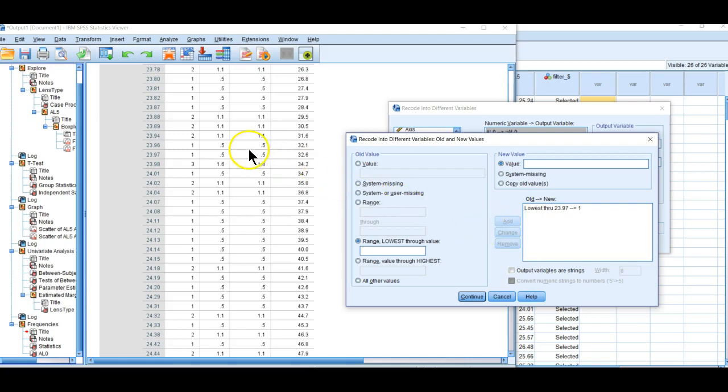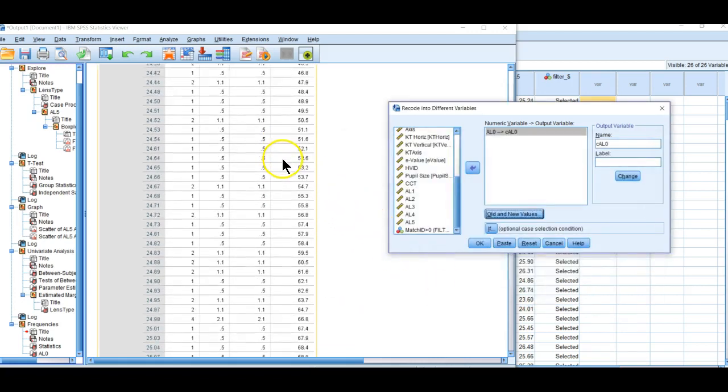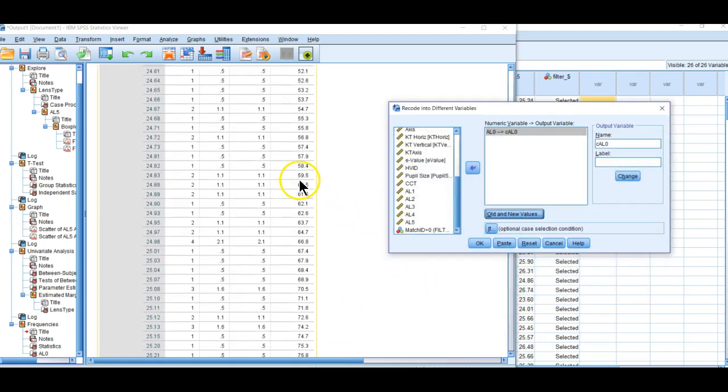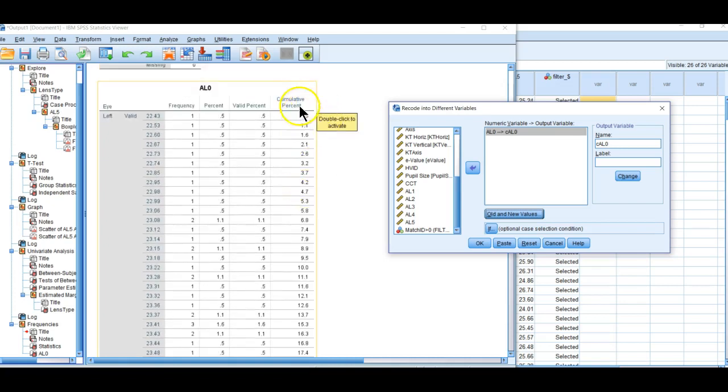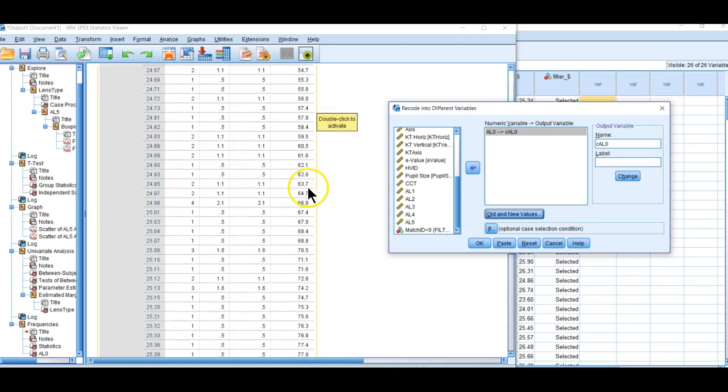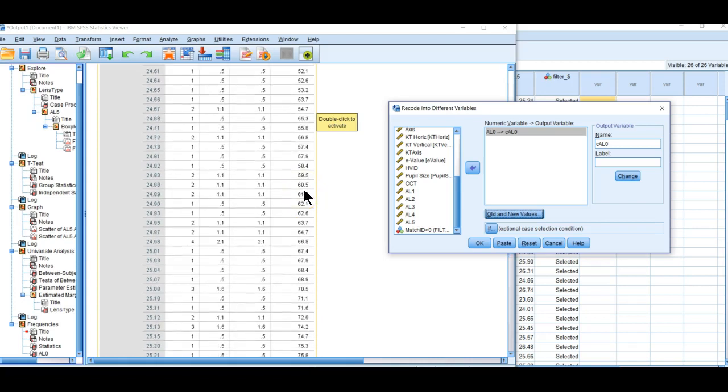Then we'll continue that for a second, and we're going to come down and look at 66%. This is the cumulative percent. We did 33. Really, we want to find something less than 0.666666666, so that's actually 66. So let's go to 24.98.